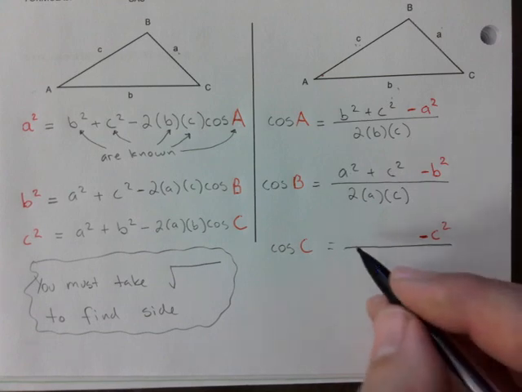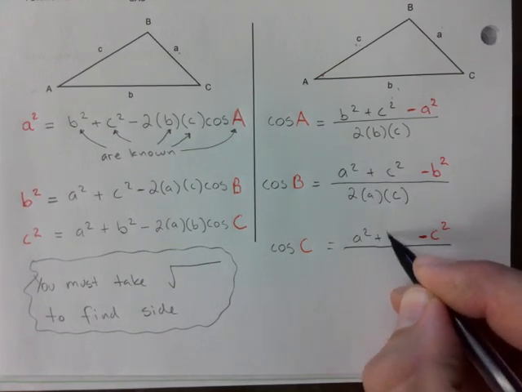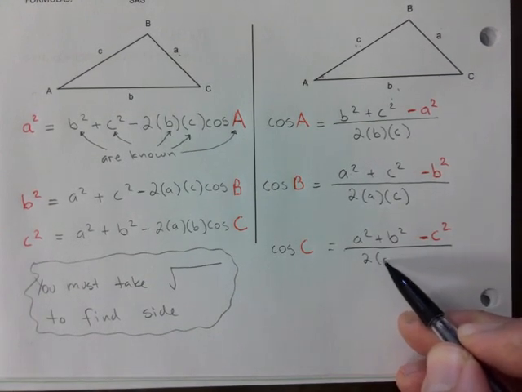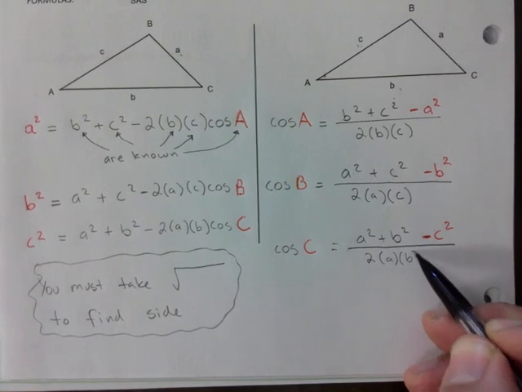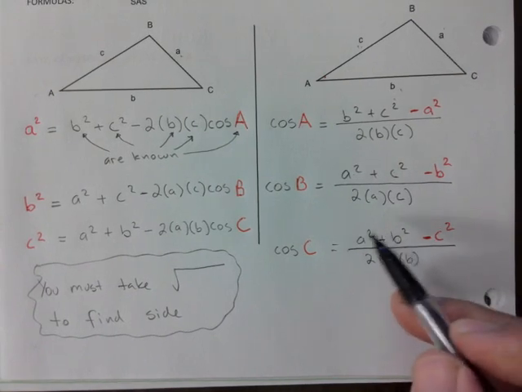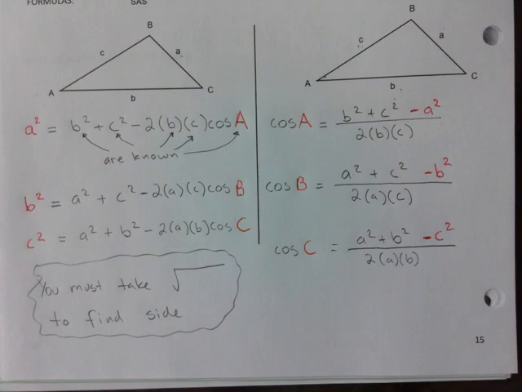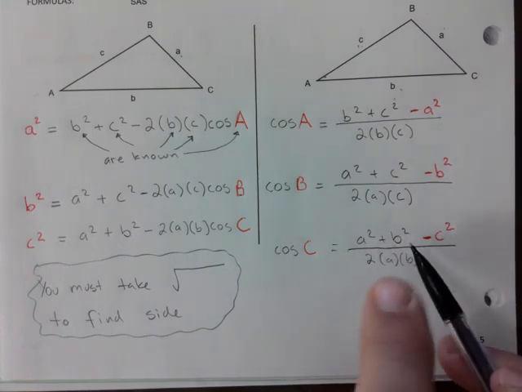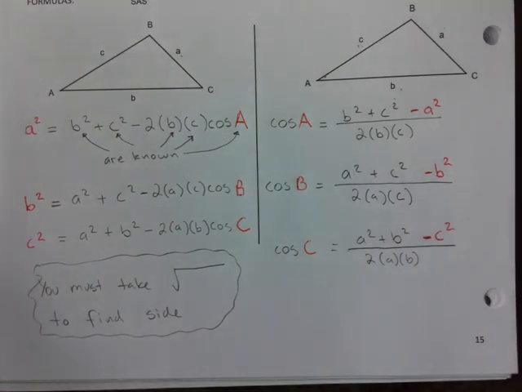So A squared plus B squared goes here, and then it's 2 times A times B. And you will notice that I don't really care in which order you do them in. I'll just take the other two sides, square them, and add them.